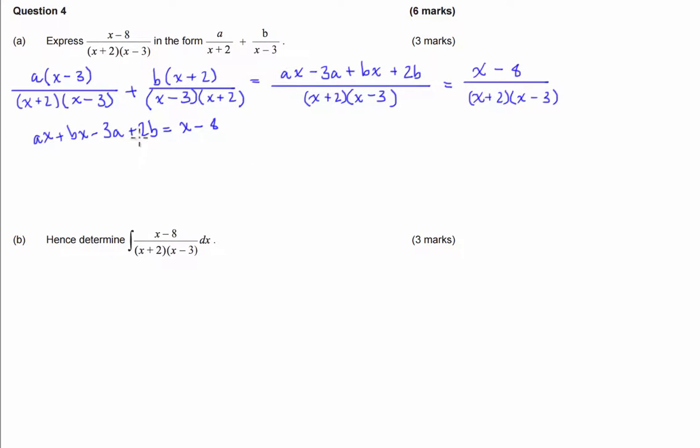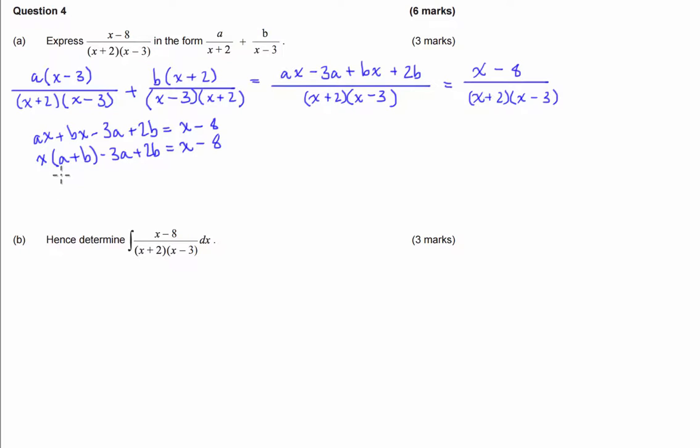Cool. We can then factorize these x's, so we can have x outside of a plus b, minus 3a plus 2b, equals x minus 8.